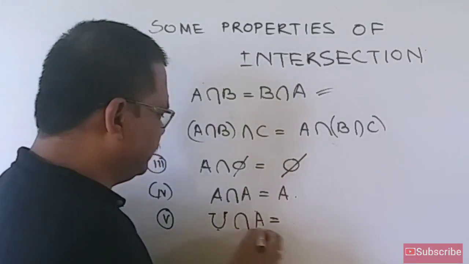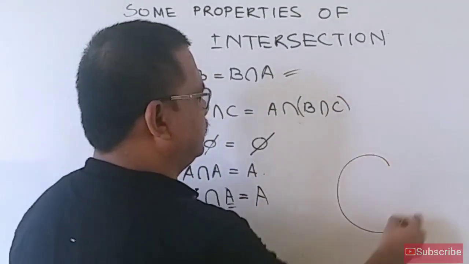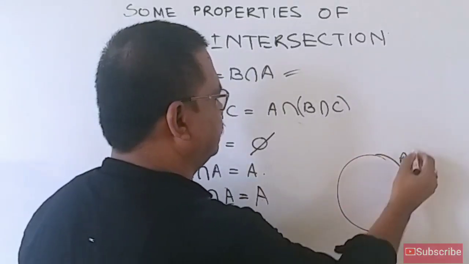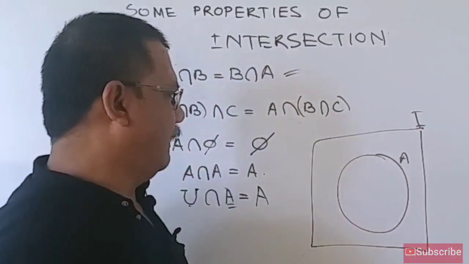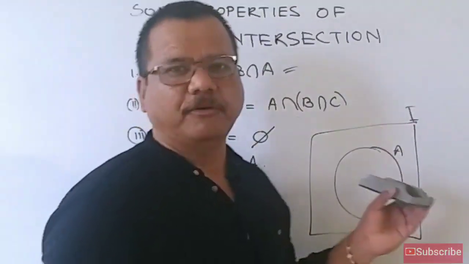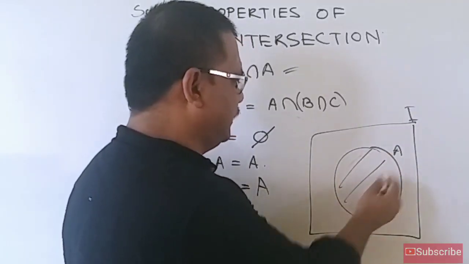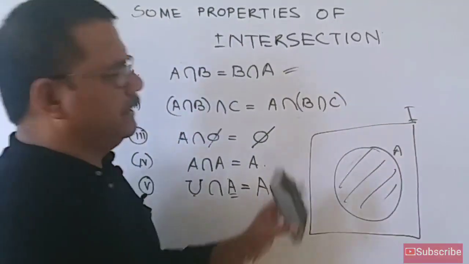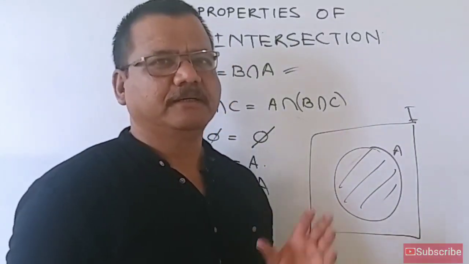That means this smaller part, see, this is Assam, and suppose this is our universal set India. Then which part is common to both Assam and India? This, obviously. So in case of intersection, the smaller part is always the result.